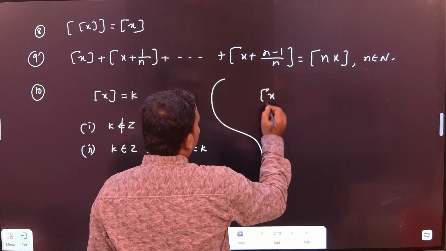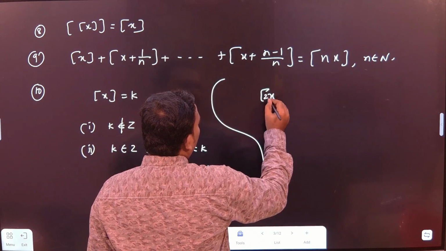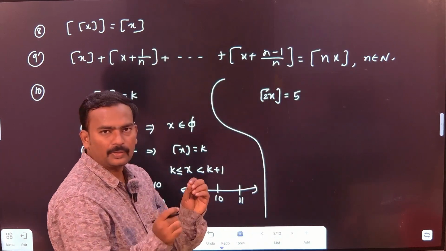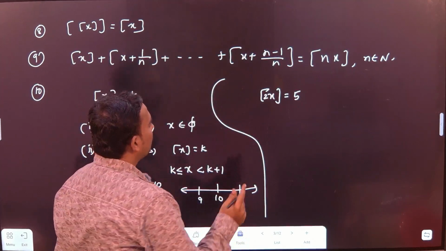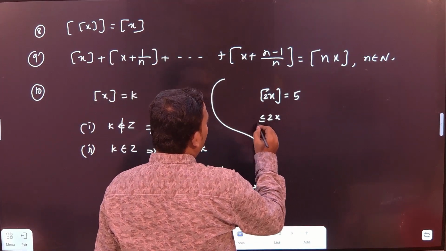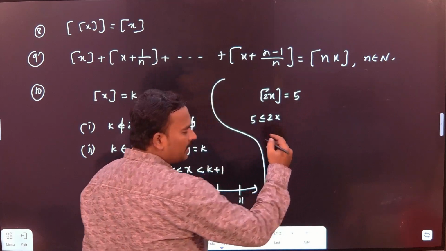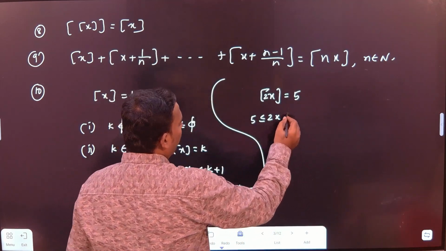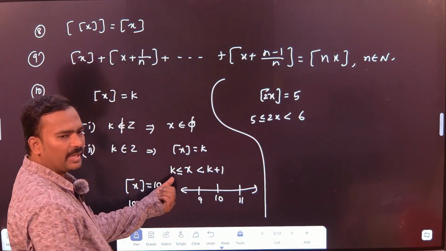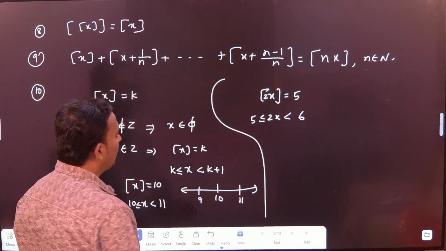Suppose the greatest integer function of 2x is equal to, let's take 5. So what is the x value? Where can you take the x values? So by definition, 2x is equal to what? 2x is from 5 to 5 plus 1, that is 6, right? By definition you can see x will be k to k plus 1, strictly less than, right?